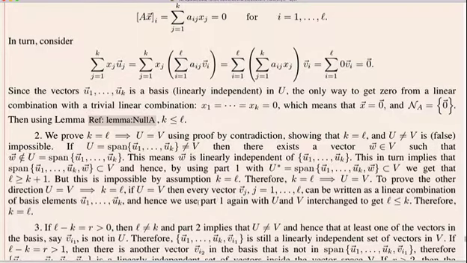And then again we can use part 1, but now with u and v interchanged, because v is also a subspace of u, although it's called a trivial subspace because it's the whole space. And then what we get from part 1 is that L should be less than or equal to k. But we also have k less than or equal to L. So that means we must have that k equals L.